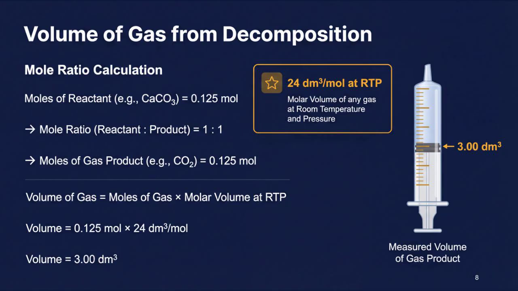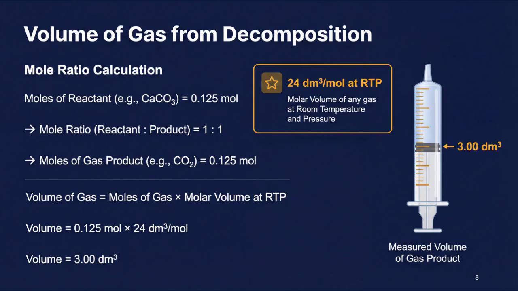At room temperature and pressure, 1 mole of gas occupies 24 dm³. So 0.125 times 24 equals 3.00 dm³. Remember, always use mole ratios, then multiply by the molar volume.